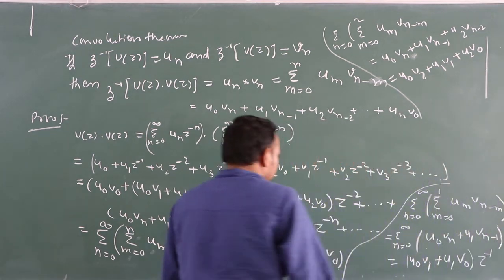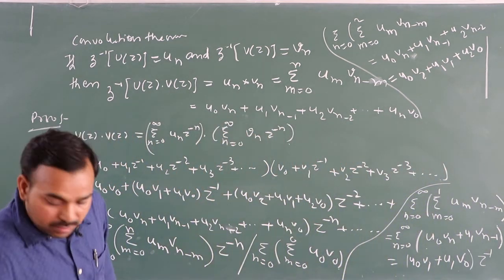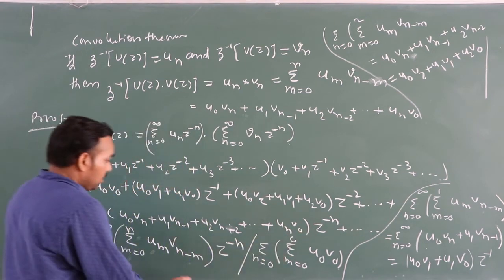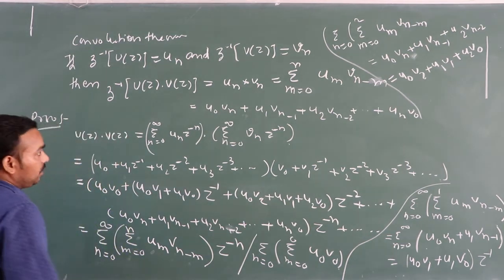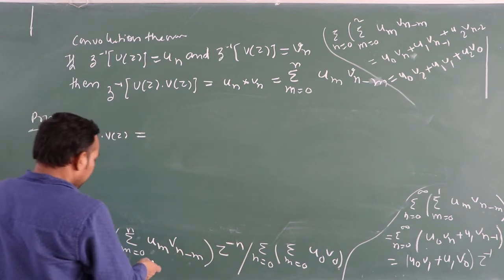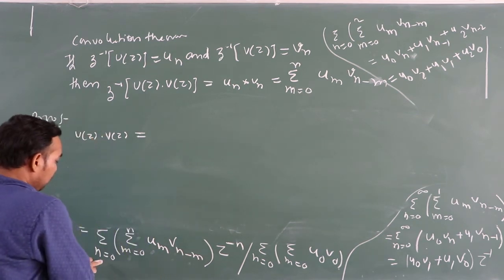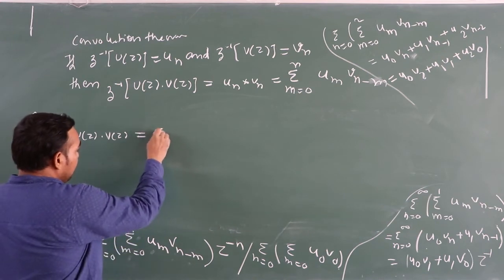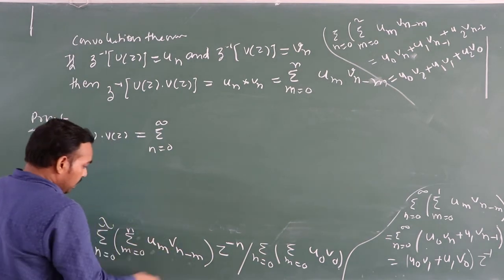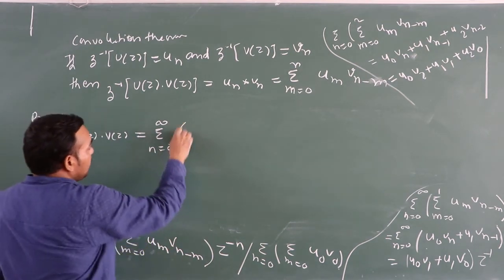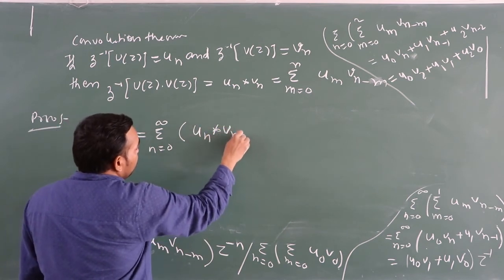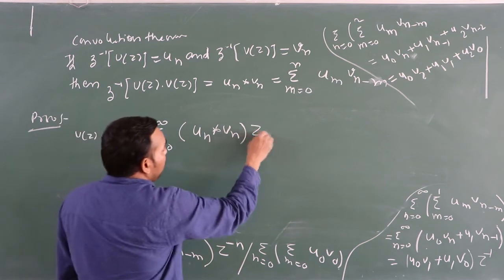So this series, from here to here, we write in this way. Finally, we can say that this is the sum from n equal to 0 to infinity of (u_n star v_n) z to the power minus n.